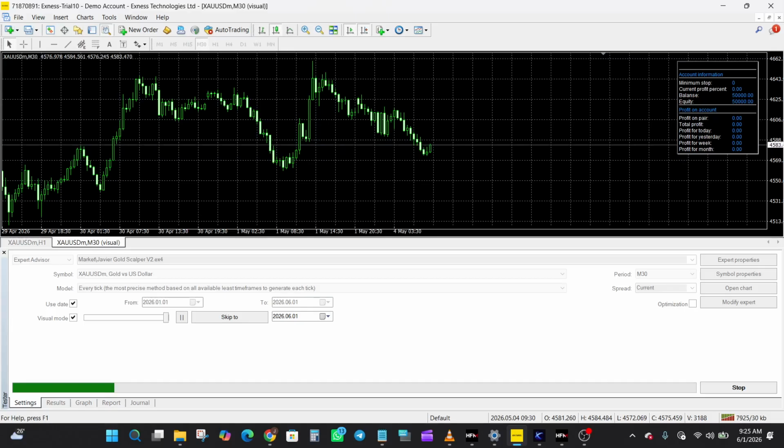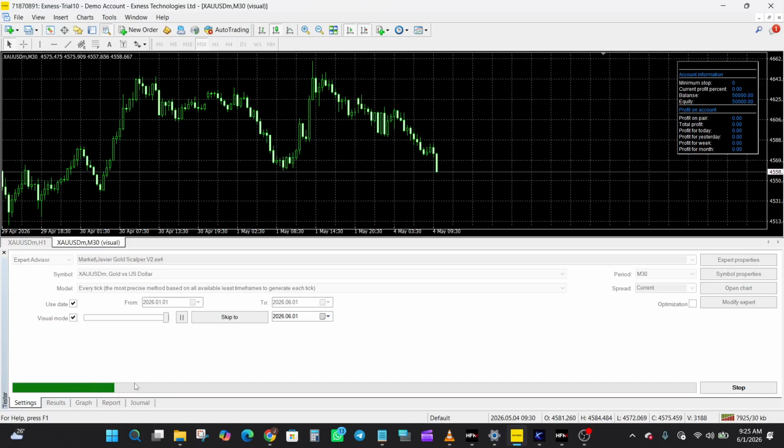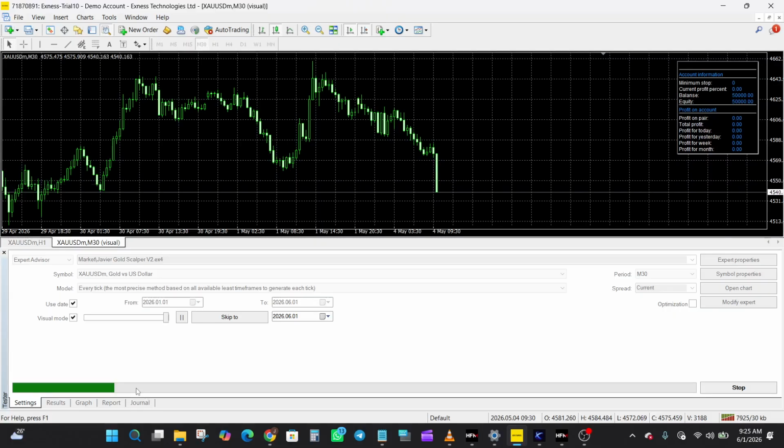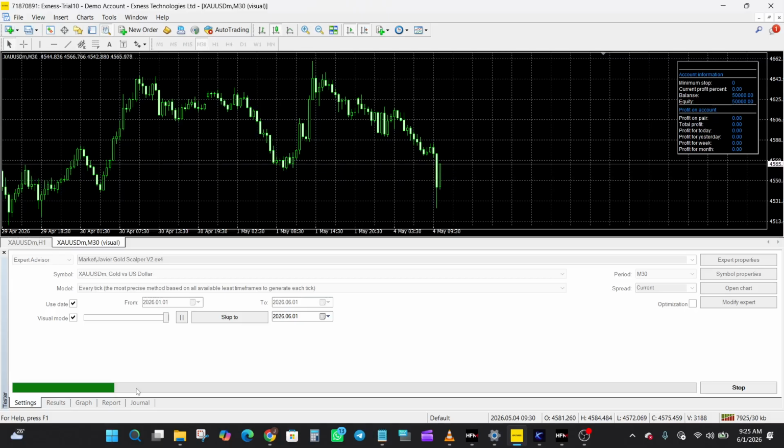Overall, despite the backtest results not being available, the Javier Gold Scalper V2 presents itself as a specialized MT4 expert advisor for XAUUSD trading on the M30 time frame.